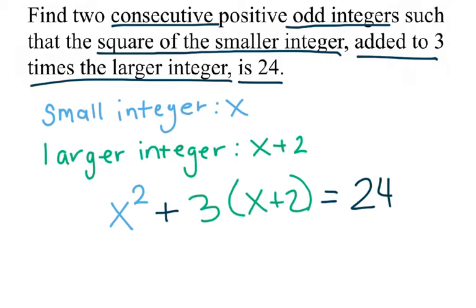So see if that makes sense. So we said the small integer was x, we said the larger integer had to be x plus 2, and then we just read the sentence. The square of the smaller integer, x squared, added, plus 3 times, so 3 parentheses, the larger integer, x plus 2, is 24, equals 24.